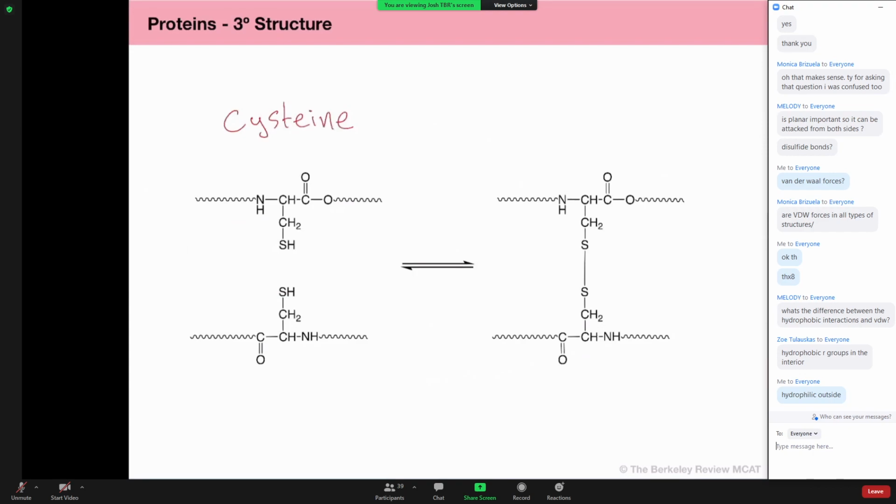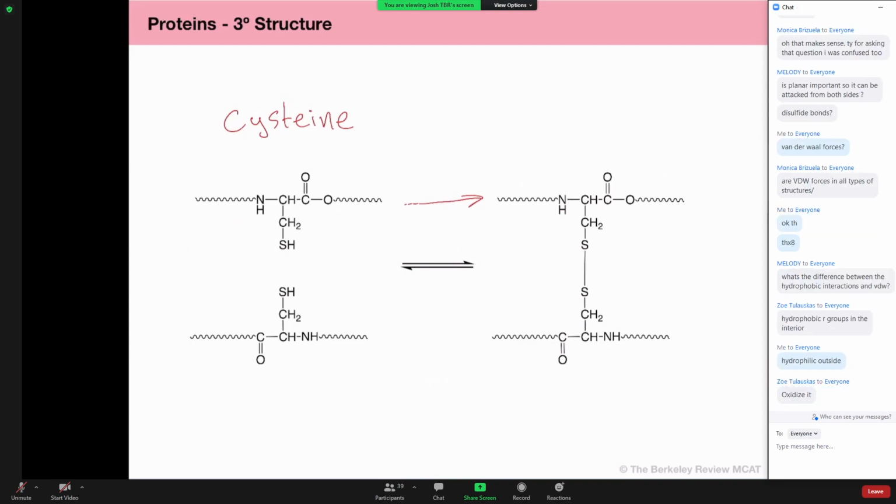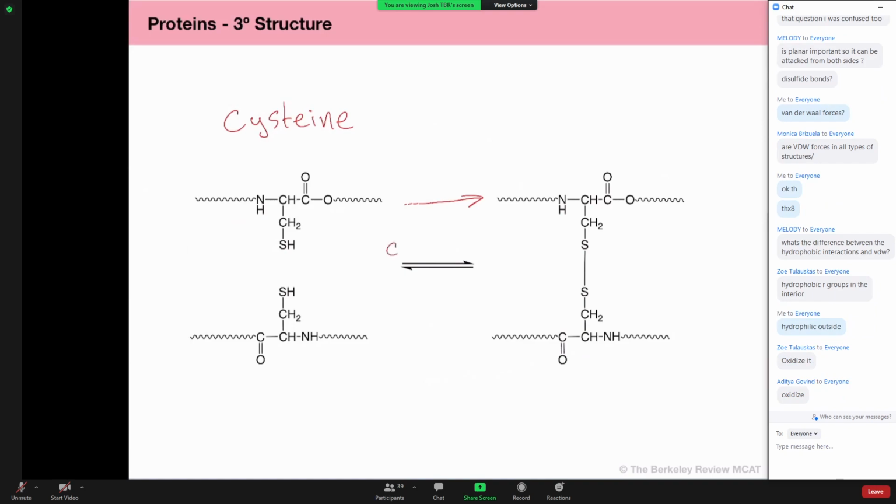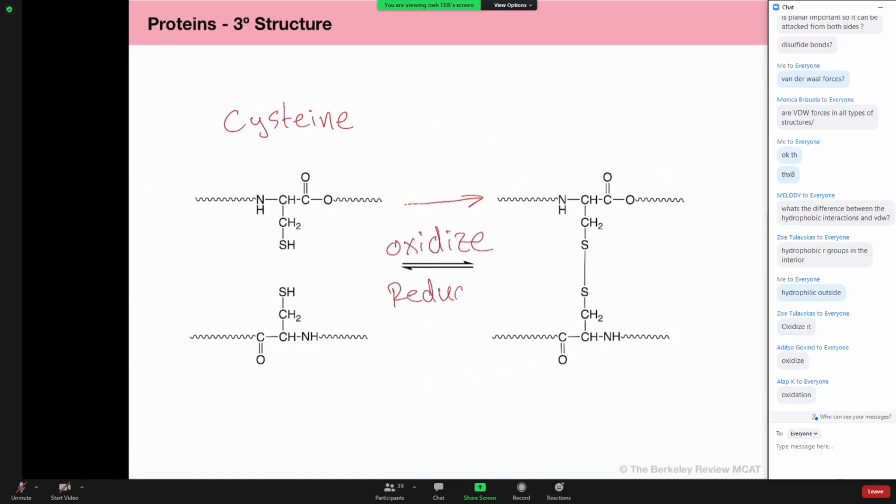And so what do we do when we go this way? When we form these disulfide bridges? Yeah, good. Oxidize. And so the other way, we reduce. Cool.